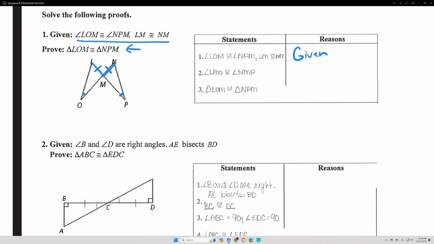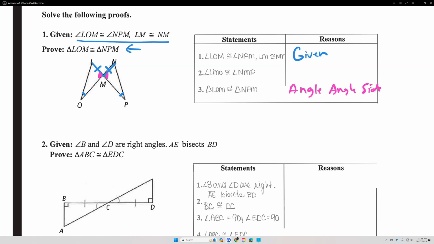Now you notice that this angle is congruent to this angle, right? We have angle, angle, side. So the reason why these two triangles are congruent is because angle, angle, side.